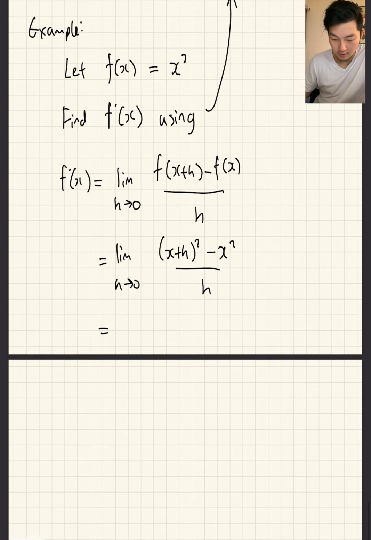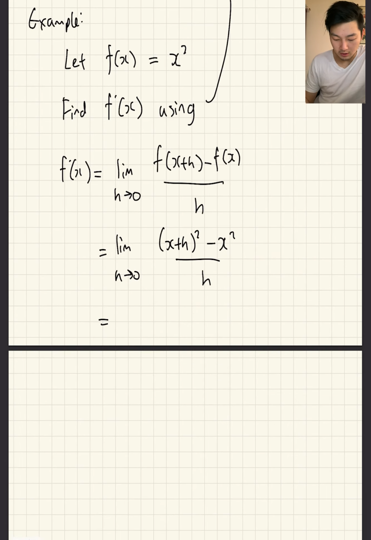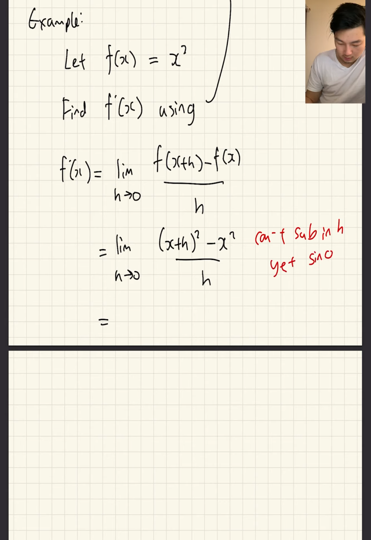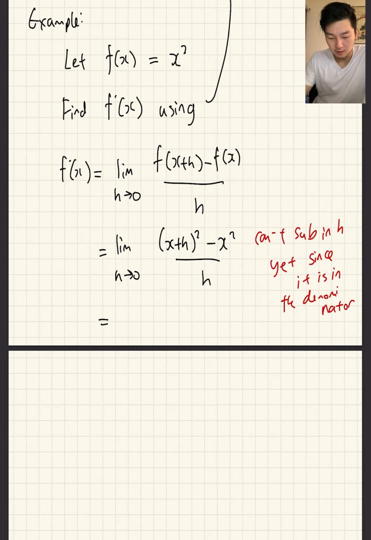So we have to write it out in front of each step until we substitute in h. But we can't sub in h yet, since it is in the denominator. So we have to simplify a little bit before we can make that substitution.